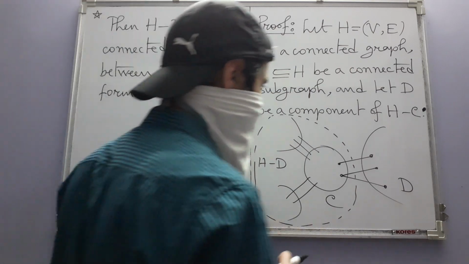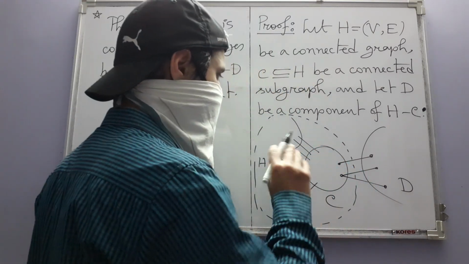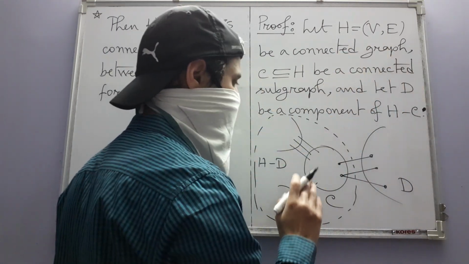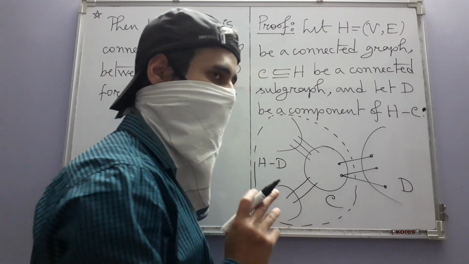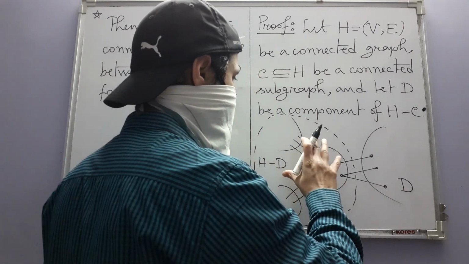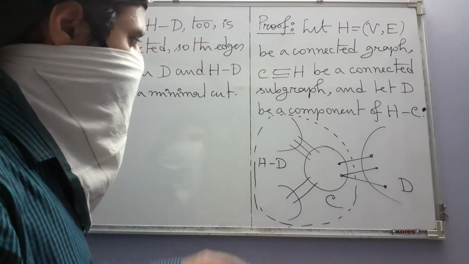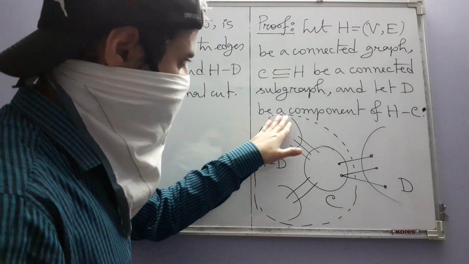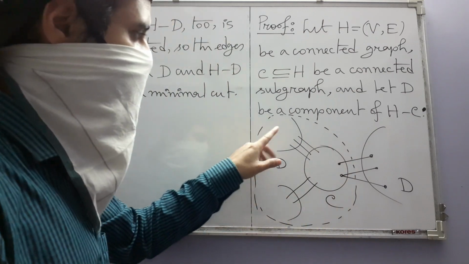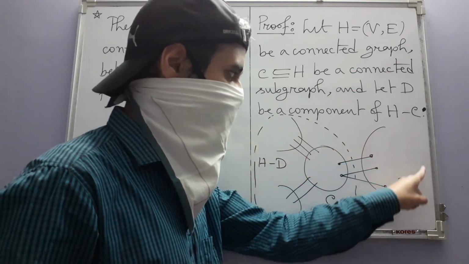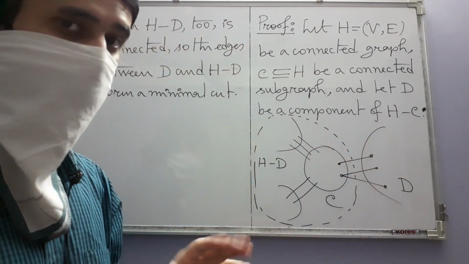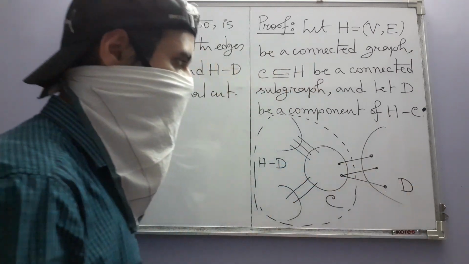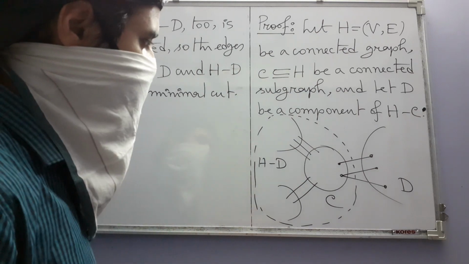But then what do we get? You are looking at the entire graph H, in which you now have a partition of the vertex set into two sets. One half has the vertices lying on this side and the other half is the vertices in D, and you have the edges between those two vertex partition sets.